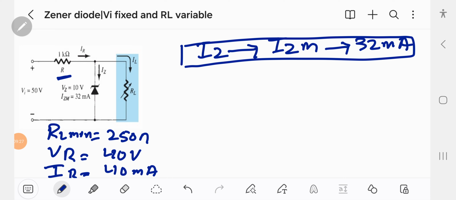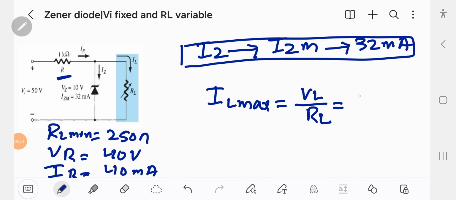For IZ minimum, for IL minimum, for RL minimum, IL maximum here is actually equal to VZ divided by RL minimum.